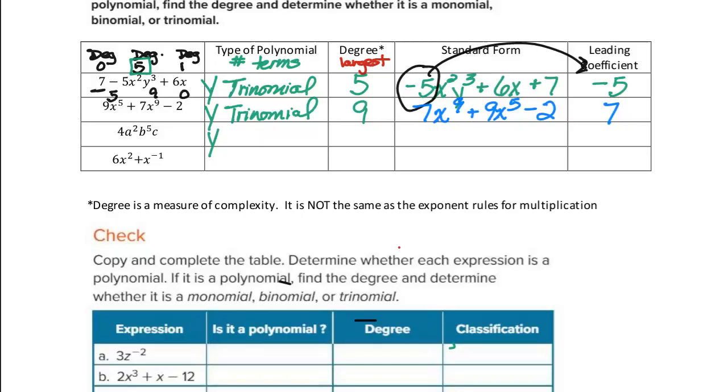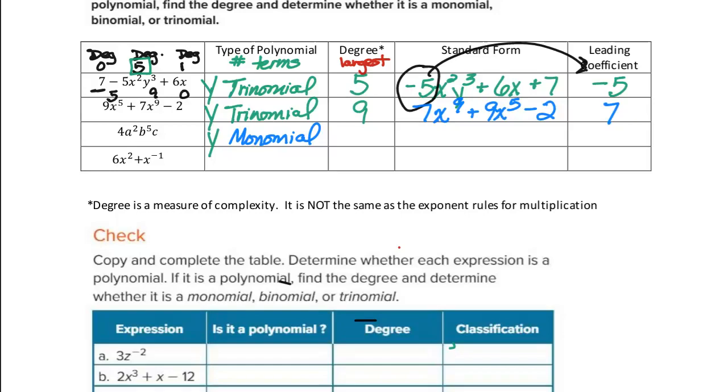No. It's all together. There's no adding or subtracting. So this is one term, which is called a monomial. Does that make sense? One monomial. What is the degree of this?